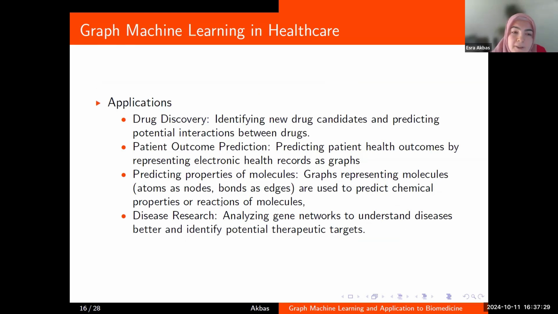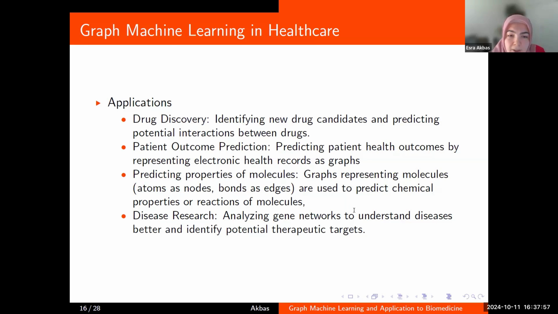Here in different applications, for drug discovery, we identify new drug candidates and predict potential interactions between drugs. We can predict patient outcomes, like using electronic health records, what the patient's disease will be over the next couple of years, or how their disease will continue or be cured.